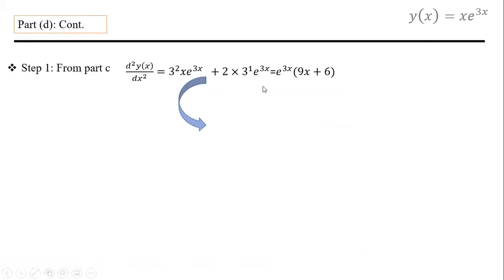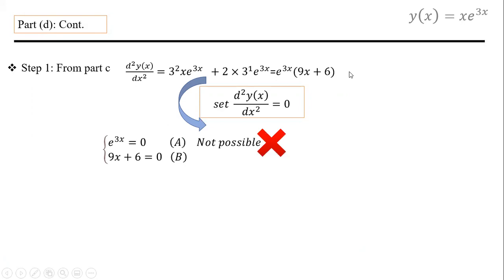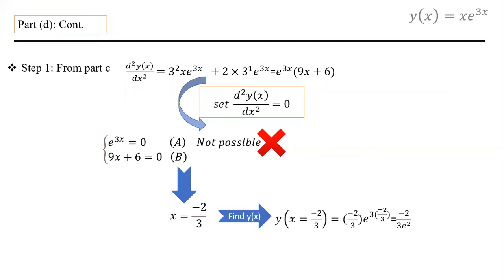If we factor out e to the power of 3x, we get e to the power of 3x multiplied by 9x plus 6. So we set this to 0. e to the power of 3x cannot be 0, it's not possible. So the linear part can be 0, and then x is minus 2 over 3.